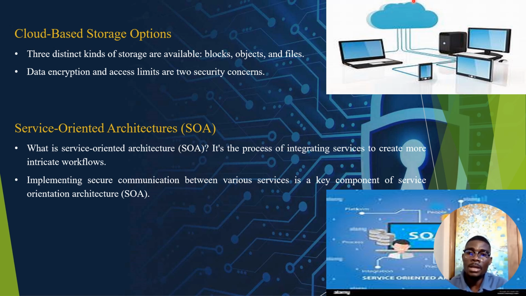So if you watch over here, in the diagram right here, you see we got a laptop, we got a desktop, we got the smartphone and all of that. These are the flow of how we're going to get to the cloud, right? And implementing secure communication between various services is a key component of the service oriented architecture, right?